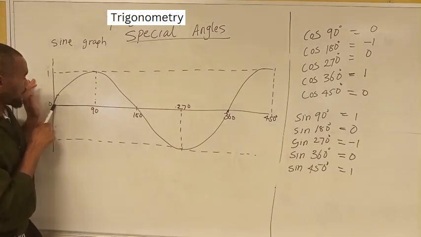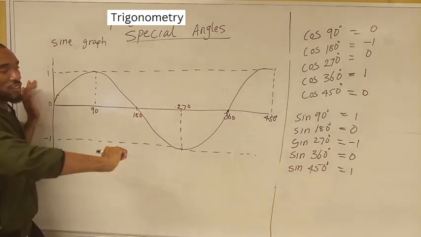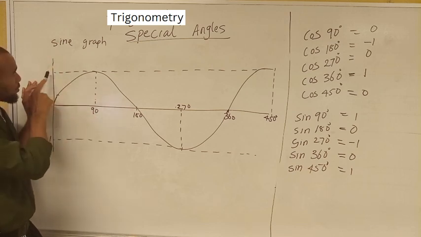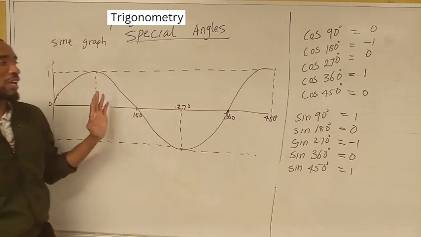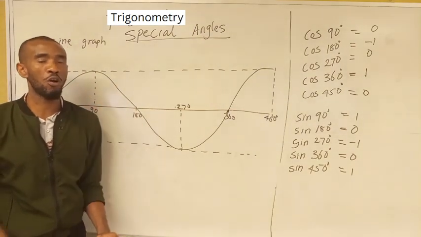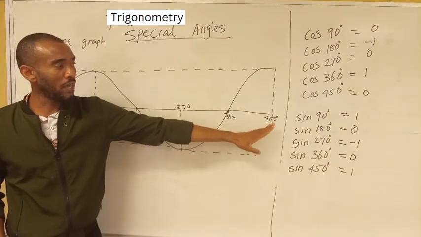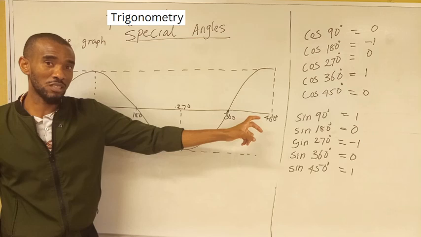Just know that for sine, it moves from 0, and then observe the rule. As long as it continues, the upper region in this case will be 1 and -1, and so on. Once you can draw this graph correctly, be it from your memory or on a piece of paper, it becomes easier for you to pick the special angles and relate them accordingly.